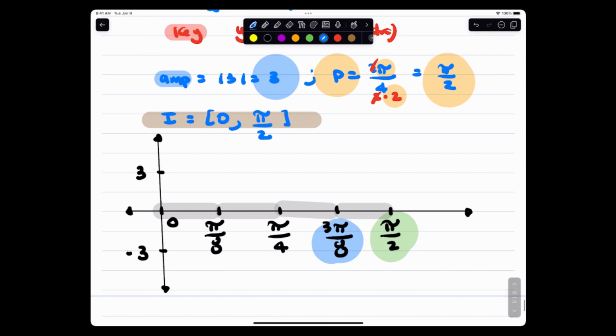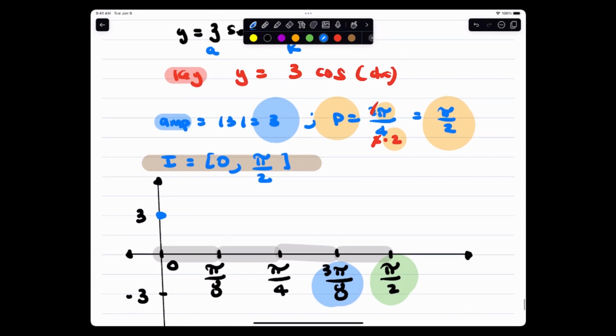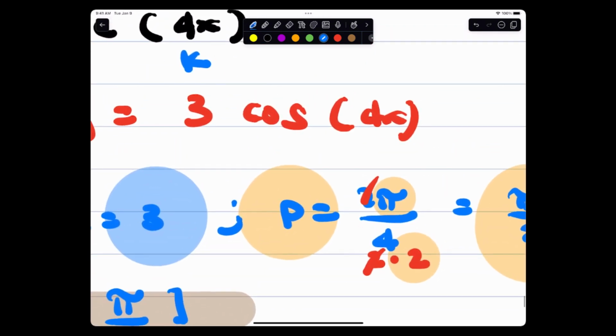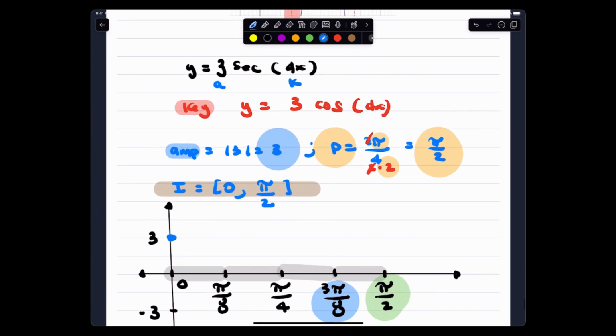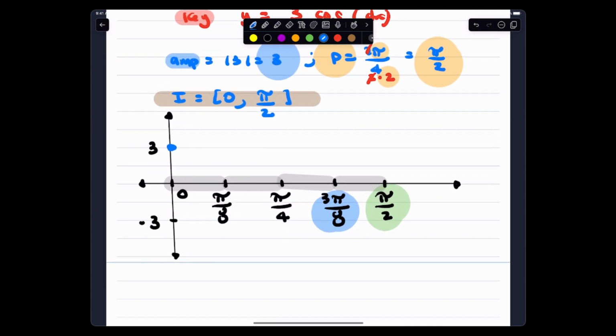Zero to pi over 2. So, ladies and gentlemen, we're graphing again what? Cosine, aren't we? We're graphing 3 cosine. So you start at the maximum value. You head down to the what? Intercept. And then you get to the minimum value. Back to the intercept.